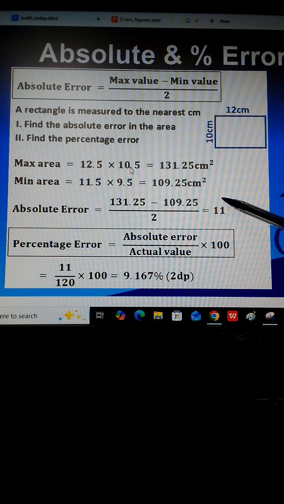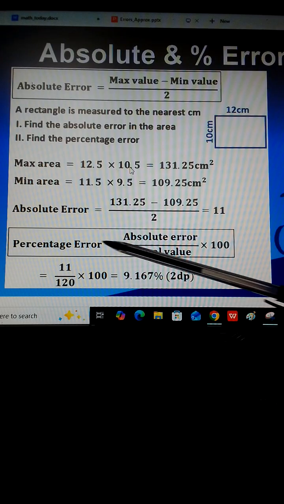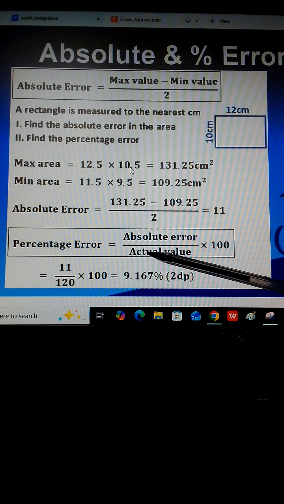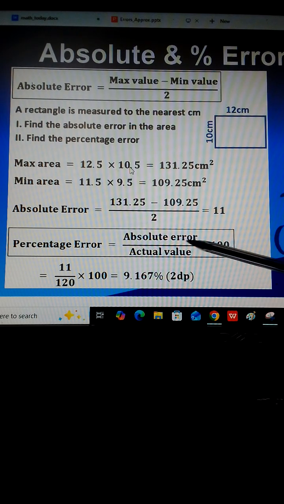All right? So the percentage error is equal to, in this case, the absolute error divided by the actual value. This is the formula for getting the percentage error, then times 100. The absolute error is 11.